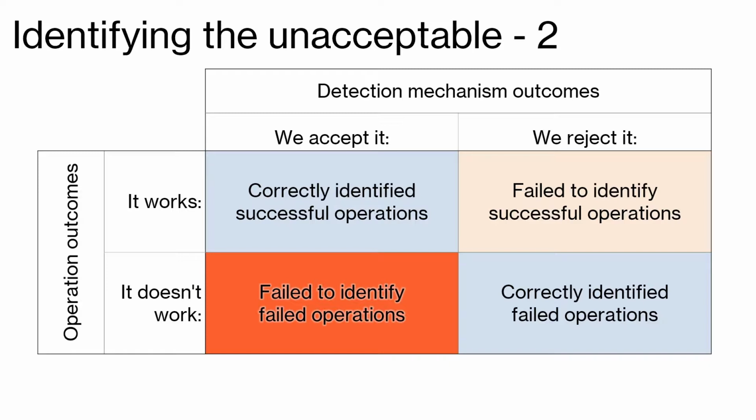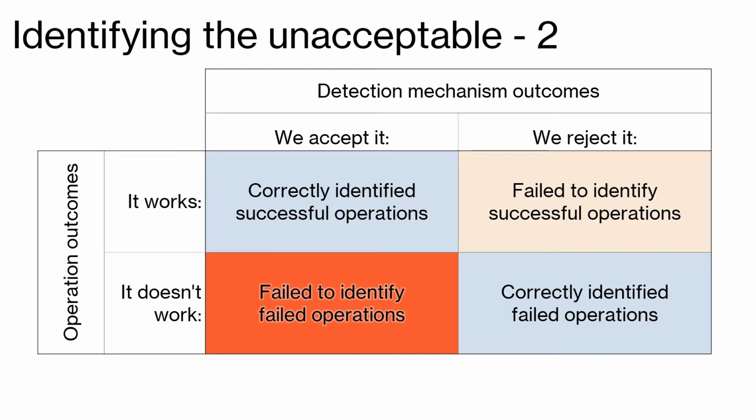And then in the top right scenario, we have one which is a bit more subtle, which is that if our detection mechanism for accepting operations is too trigger happy, then we might accidentally reject correct operations or working operations. The code works, but we still reject it.